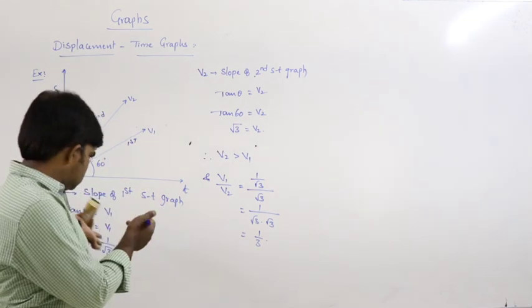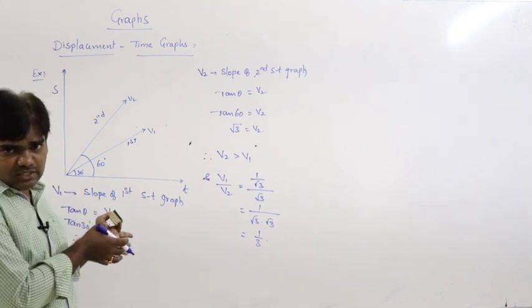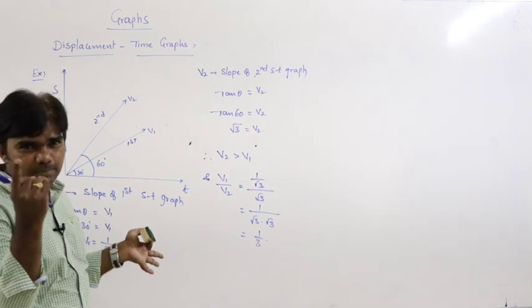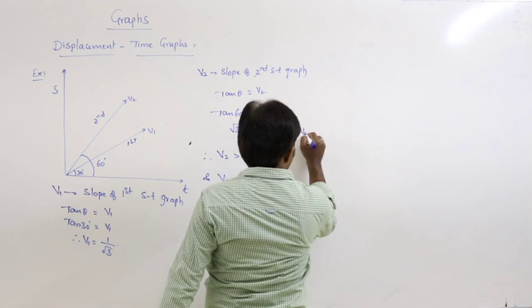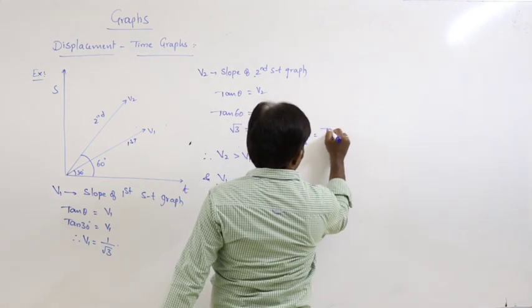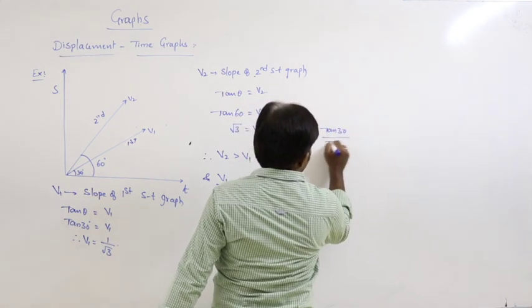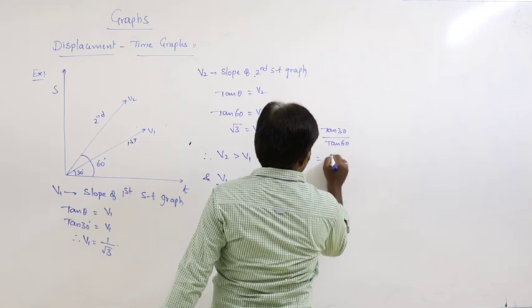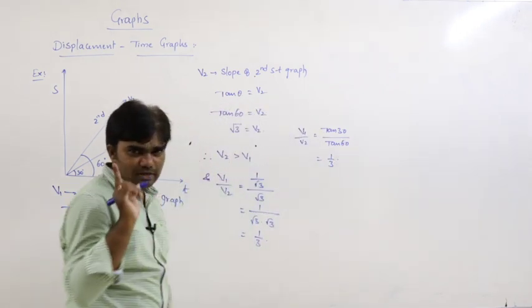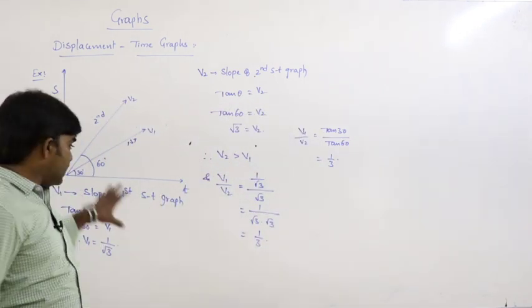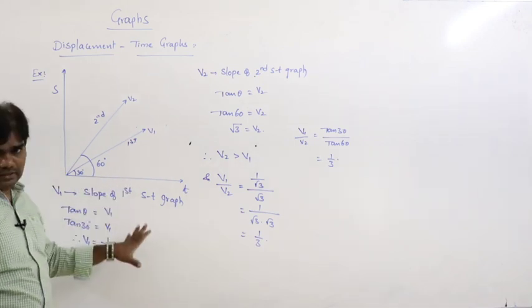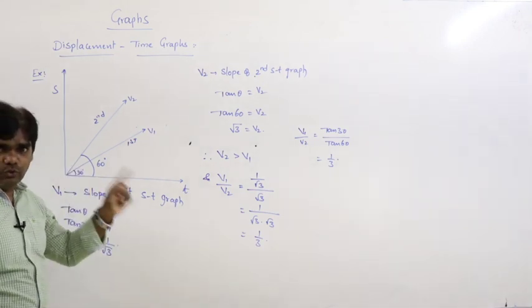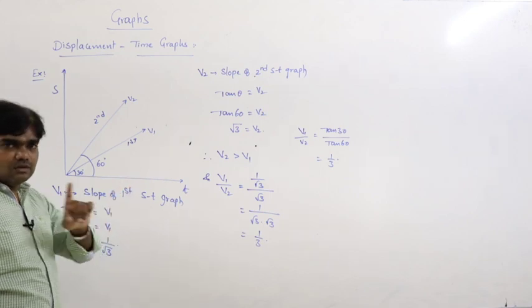Directly, without all this, if you are perfect in this, it is a one step answer. V1 by V2 is equal to tan 30 by tan 60, that is 1 by root 3. One step answer it is. For understanding purposes, we are doing it like this, but if you are perfect in these concepts, it is one step.